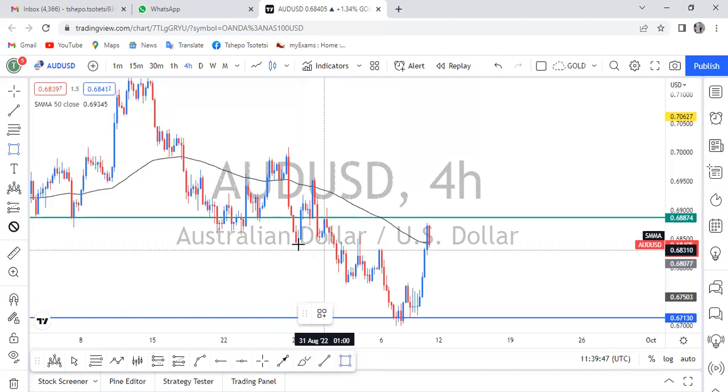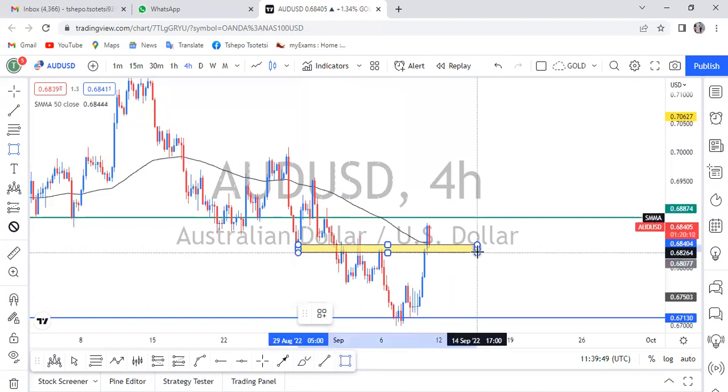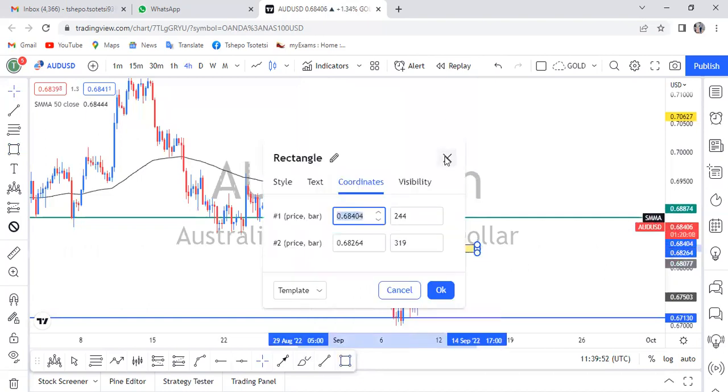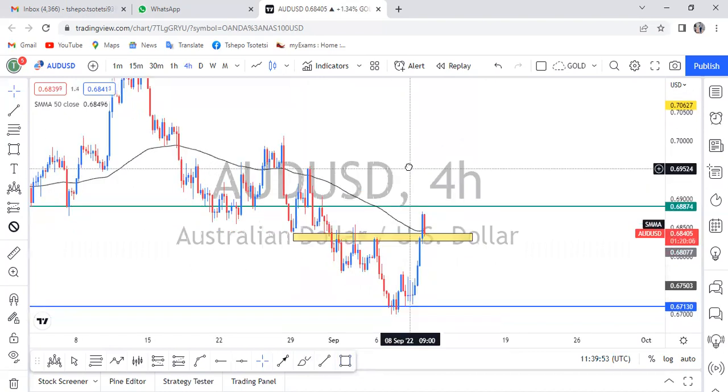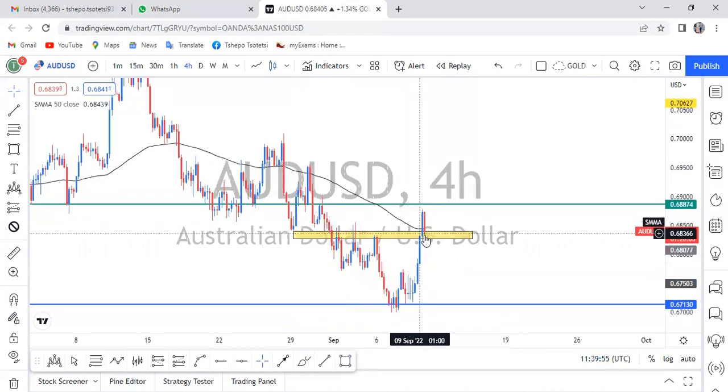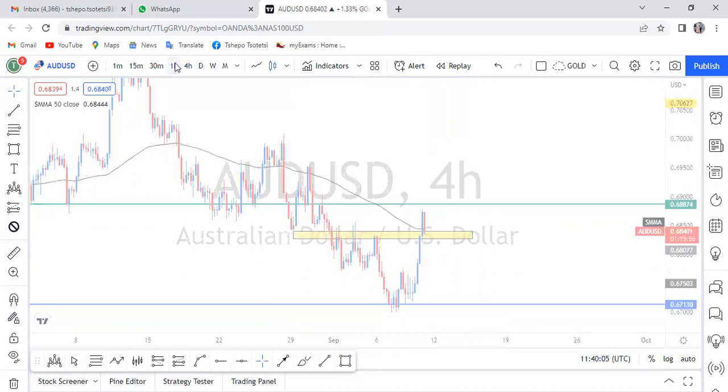Guys, I want you to ask questions, guys. We can see, okay, now we have more of a confluence zone here. So we wait for this 4 hour candle to close, and we can take our entry. Or maybe if we go on 1 hour, we will see what's happening.